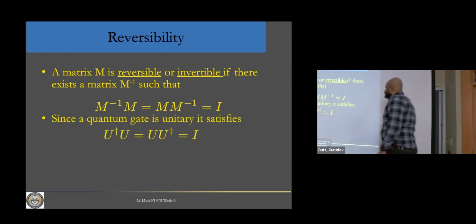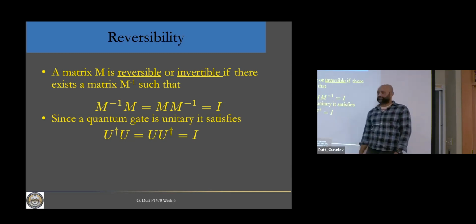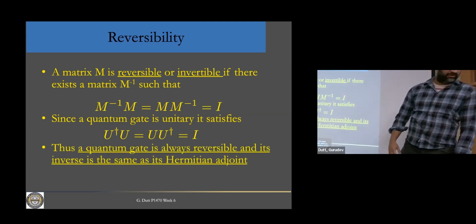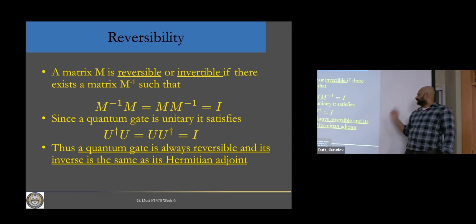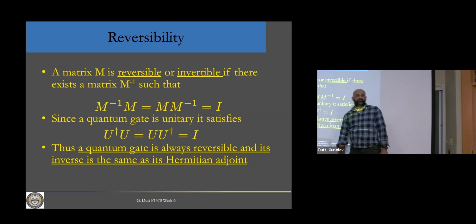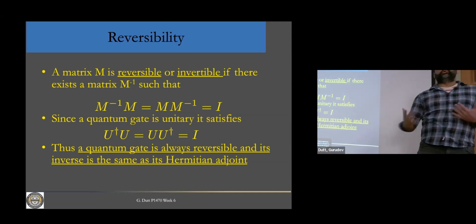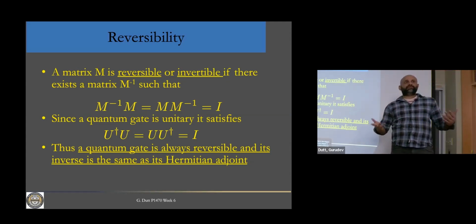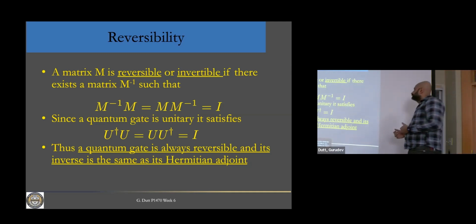Since a quantum gate is unitary, we see that it satisfies U dagger U equals U U dagger equals I. So a quantum gate is also always reversible, and its inverse is the same as its Hermitian adjoint, the dagger matrix U dagger. Therefore, U dagger is kind of like the undo operation on your computer. You do something, you don't like it, you undo it right away with U dagger.